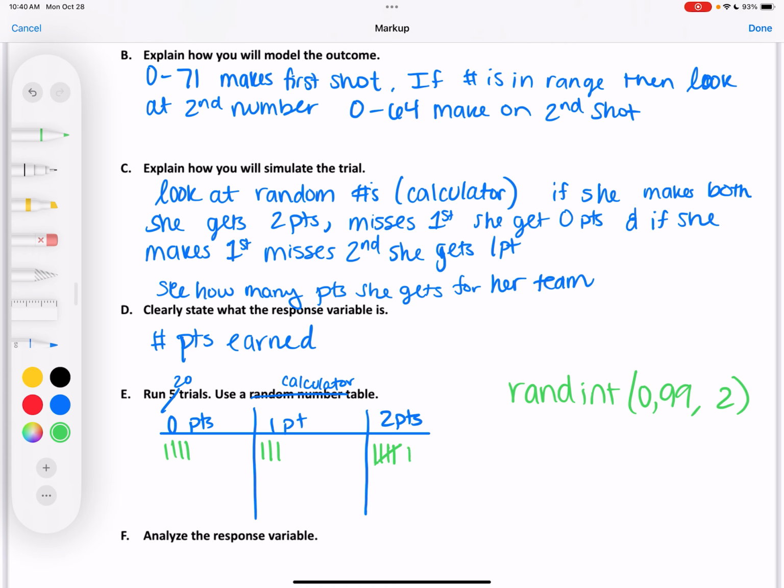So just to make sure, the first one has to be between 0 and 71, and then the second one would have to be between 0 and 64 for her to make both of them. Yeah.